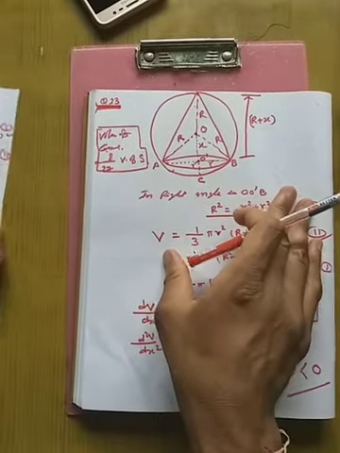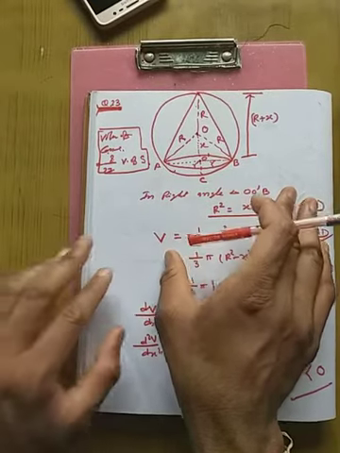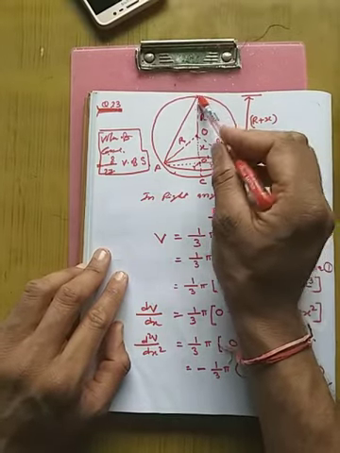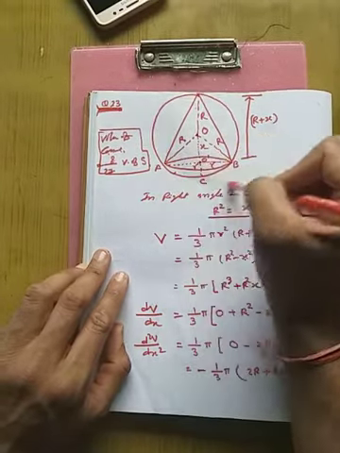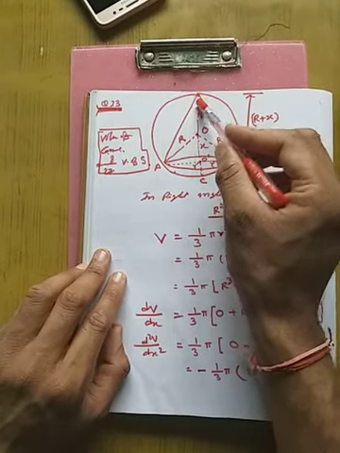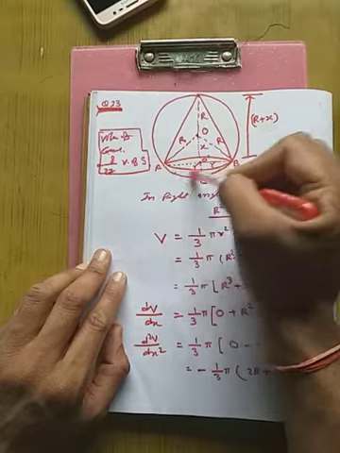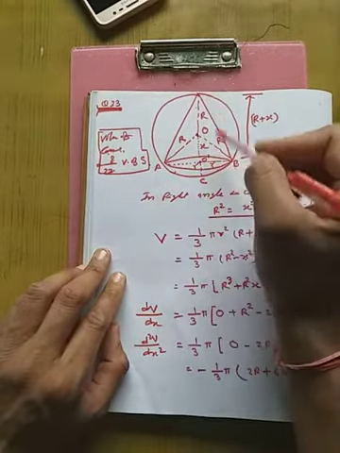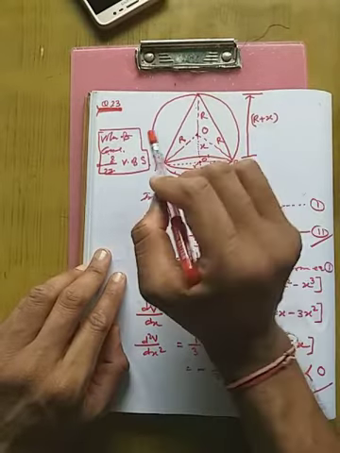In question number 23, we are given a sphere of radius capital R. We have to inscribe a cone of maximum volume inside the sphere, right?